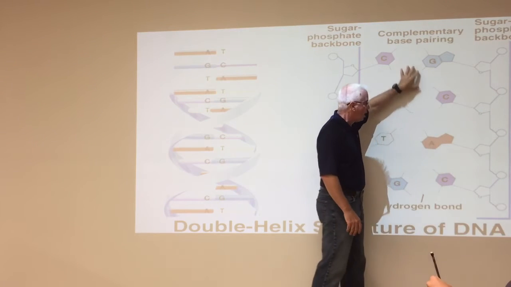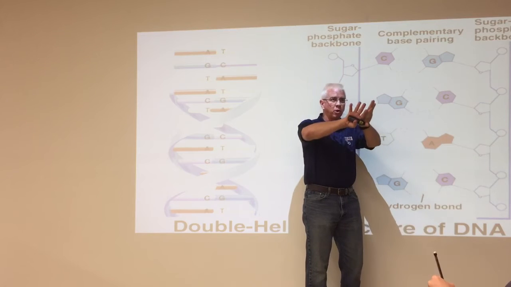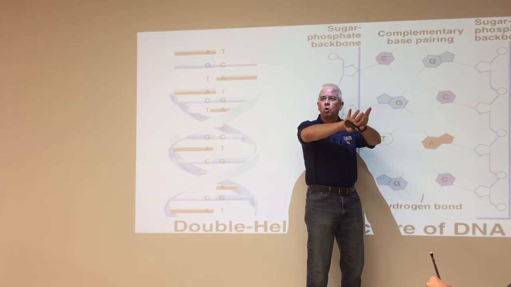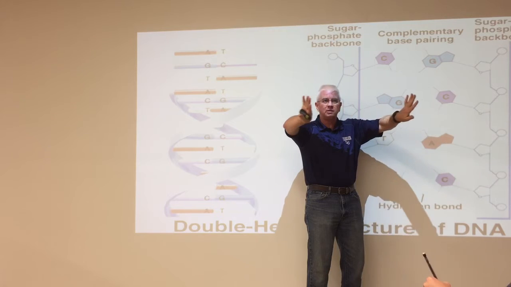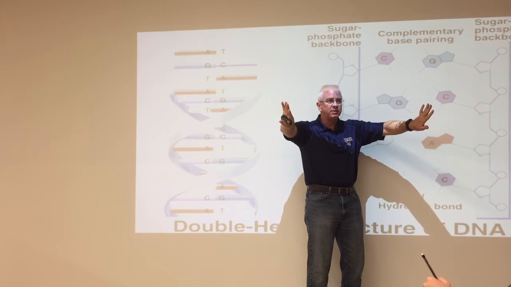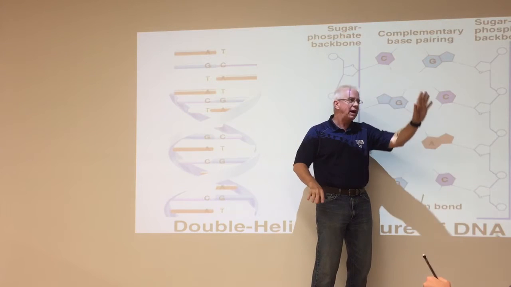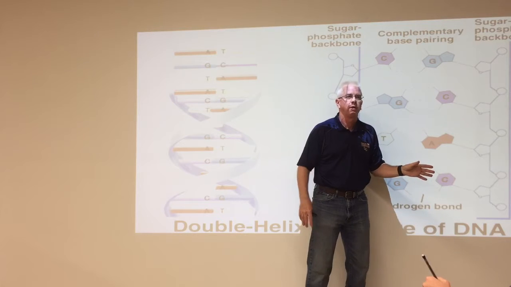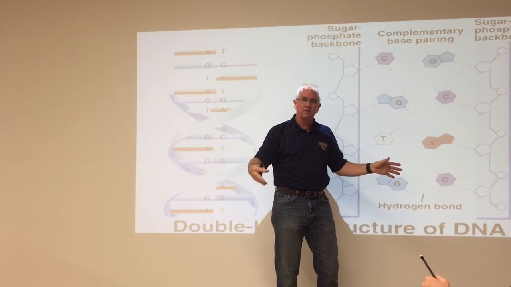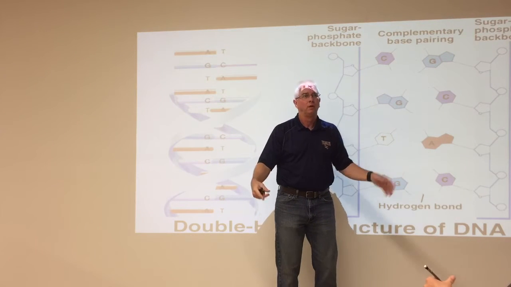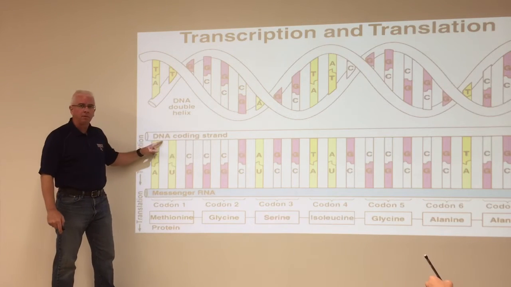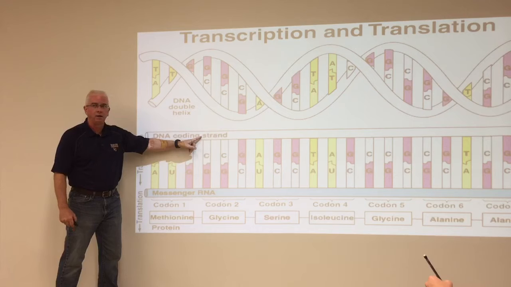So these bonds between these base pairs are broken, and one short segment of the DNA separates because of the activity of enzymes within the cell. One side of that DNA molecule becomes what we call the coding strand, and the other side becomes the non-coding strand.